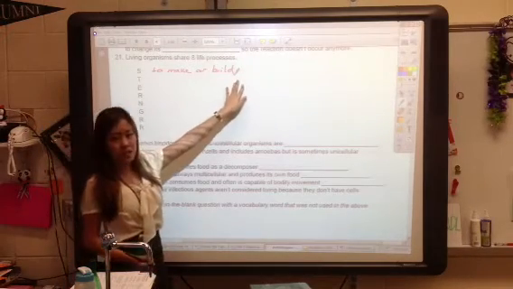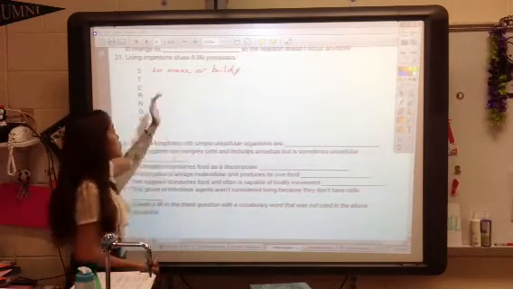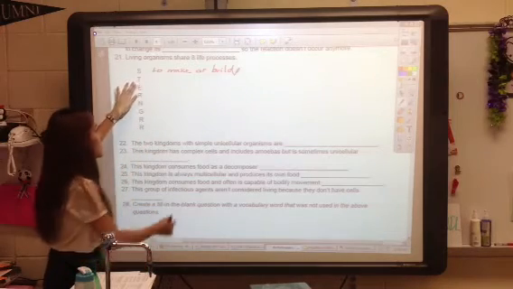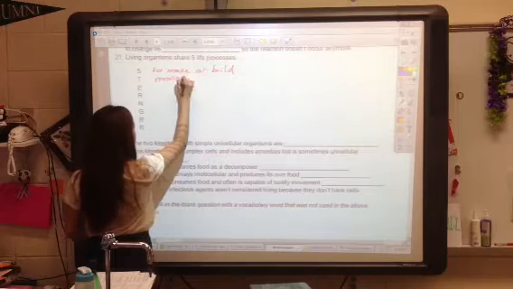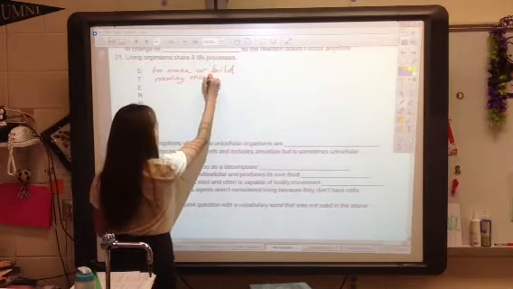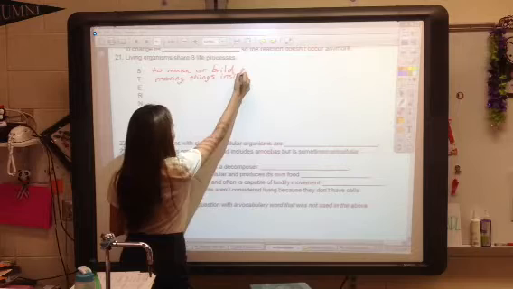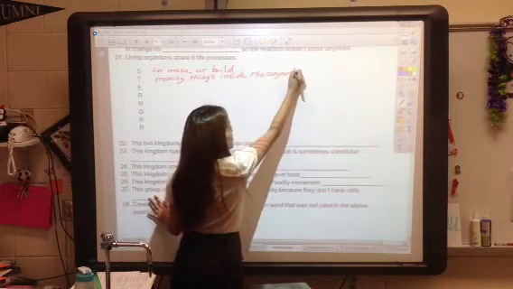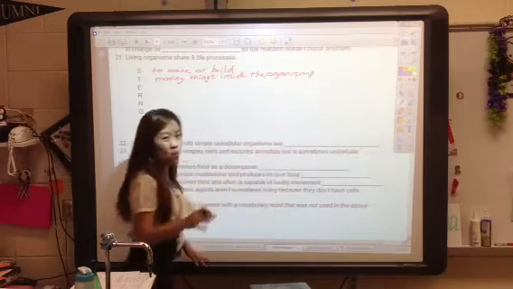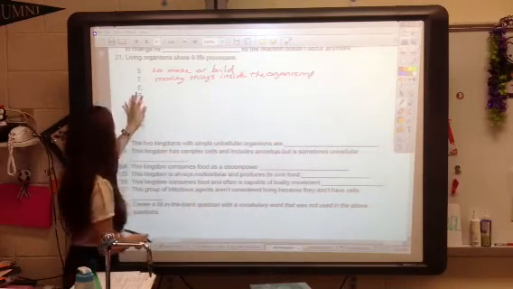And then write the little definition beside it, okay? You do need to know the definition. The T is going to be moving things inside the body or inside the organism. But sometimes it might be a plant that's moving water inside of it.